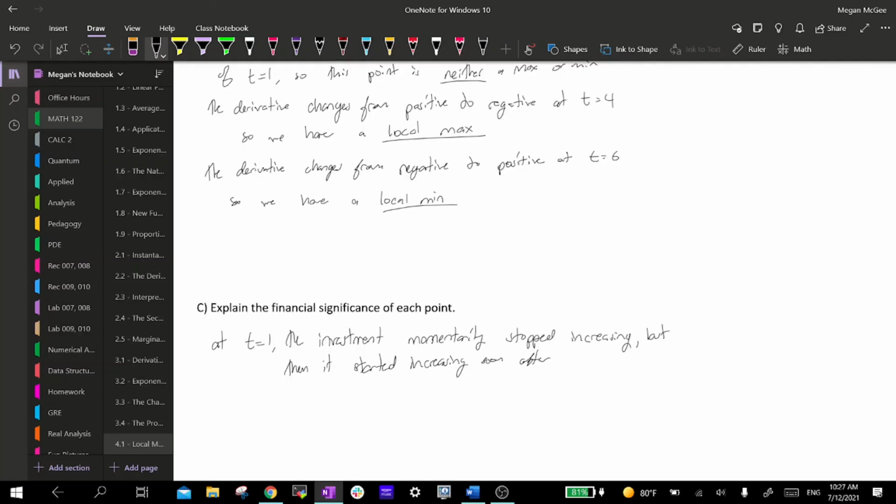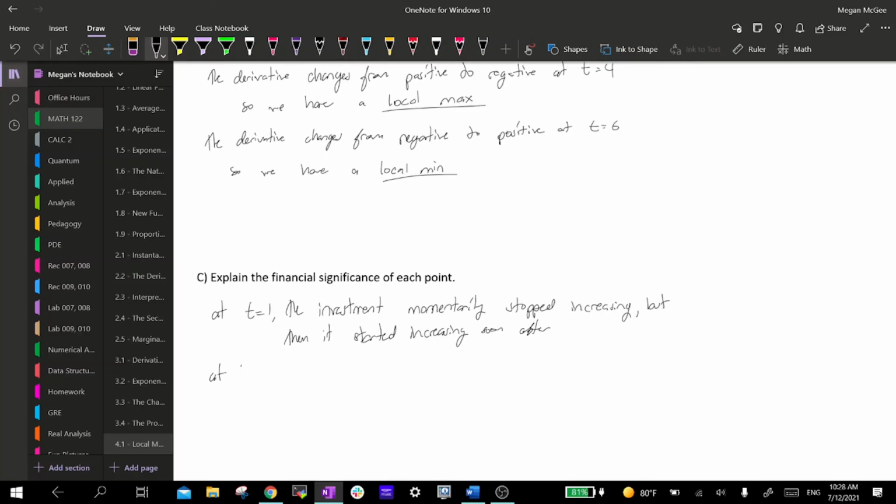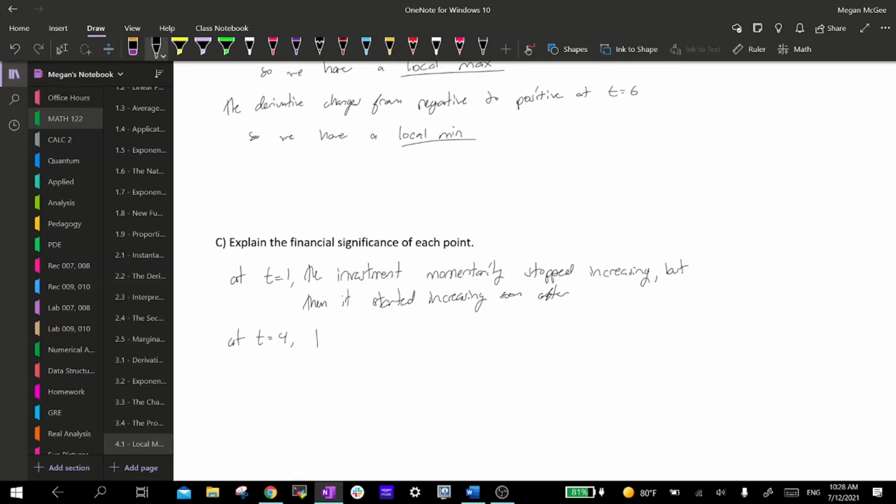Okay, so at t is equal to 4, well, we went from positive to negative. All right, so the value peaked. Right, that's where we had a local max, so we had a peak. All right, so the value peaked and then began to decline.